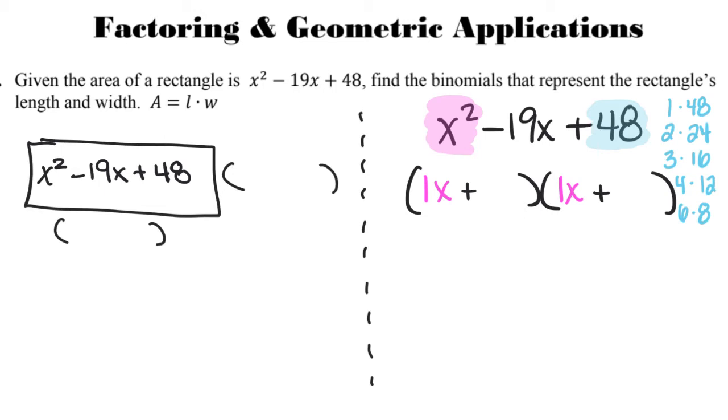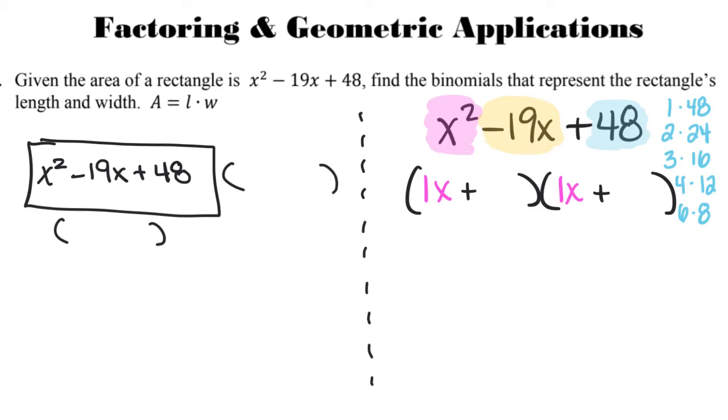And we talk about using the guess and check method. So we are going to need to take one of these and just make a guess. Now I can be strategic with my guess. I don't have to just start picking random numbers, because take a look at the inside, this middle negative 19x.